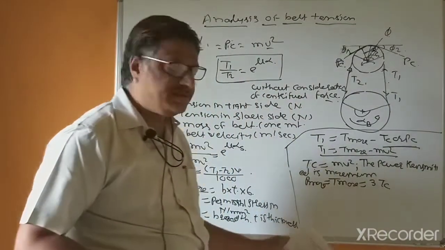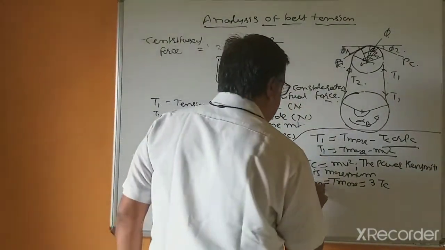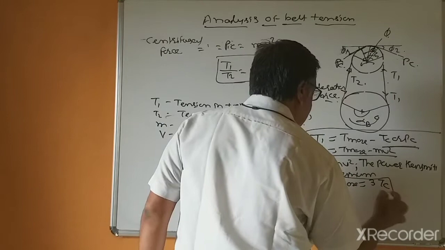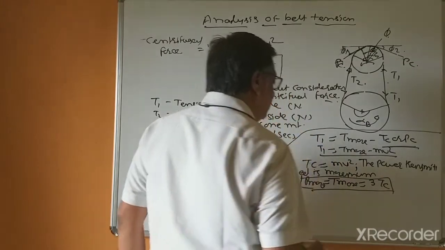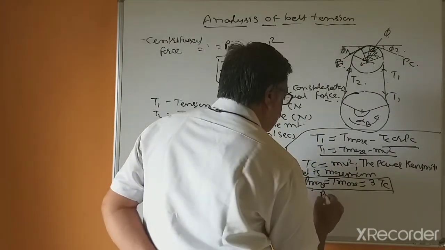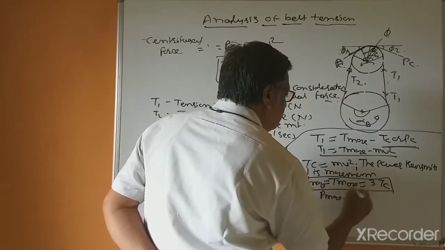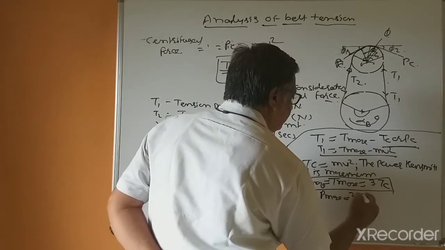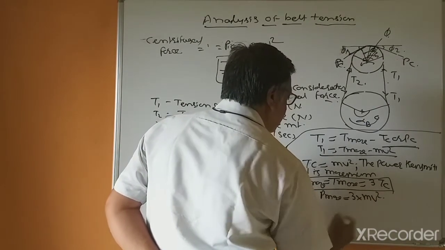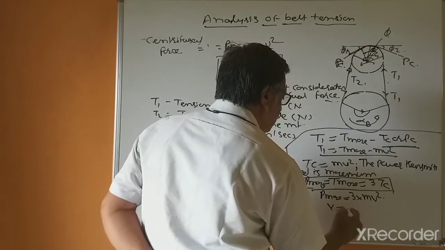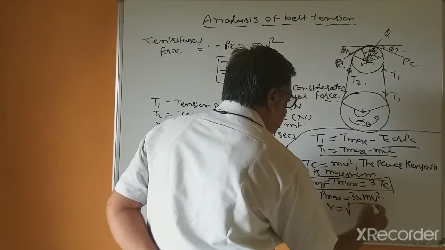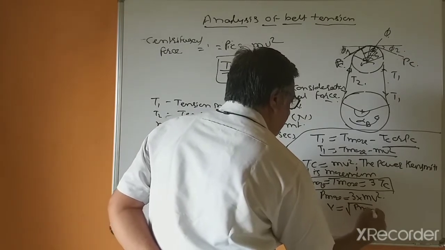Try to understand this condition. Now Pmax equals 3 into mv squared, or V equals the square root of Pmax divided by 3m.